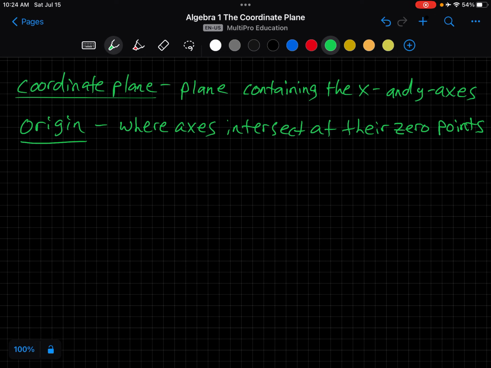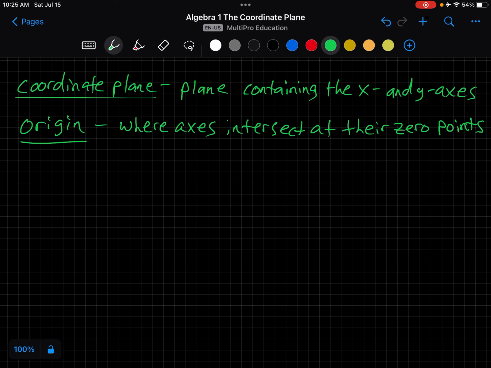Okay? So you have two axes, say we have the x and the y axes, and they cross over each other. That's what intersect means. But they cross each other when x is 0 and when y is 0.